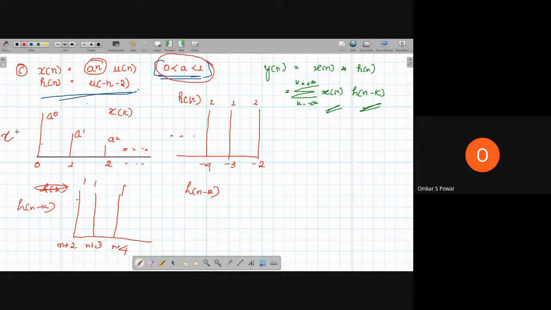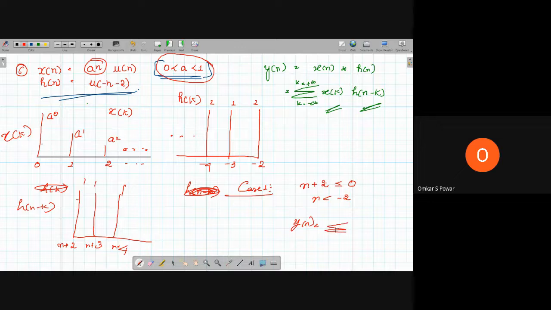So this is your x of k. Then take the two conditions and solve it. Case 1 is n plus 2 less than or equal to 0, so n is less than or equal to minus 2. What will be your y of n?